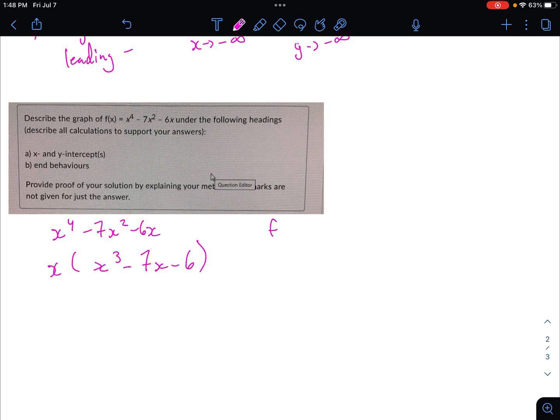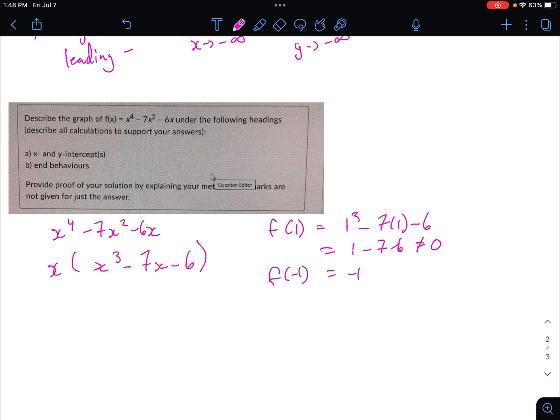You could try -1 or +1. If we try +1 here, and we just check this one, it'd be 1 cubed minus 7 times 1 minus 6. Well, that's 1 minus 7 minus 6. Well, that's not going to work out nicely. It's not going to be 0.